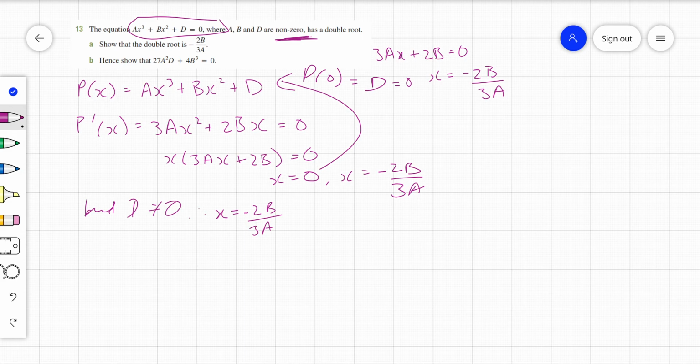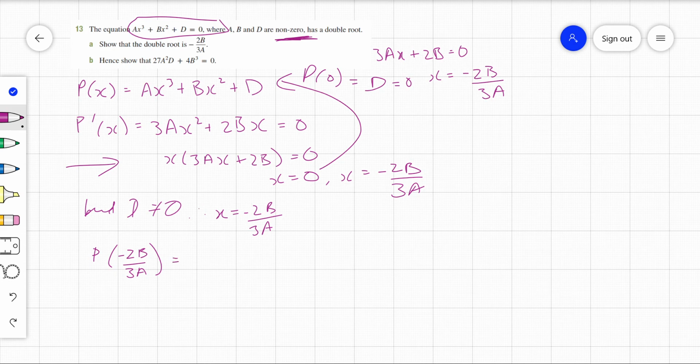If that's the case, then when I sub in negative 2b on 3a, for the first derivative equation, we would get 0, but it also has to work, of course, in p of x to be the double root.